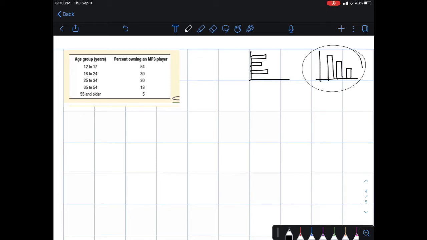So I'm going to put this on the y-axis and then this on the x-axis. All right, so this is going to go here, and then this is going to go here.